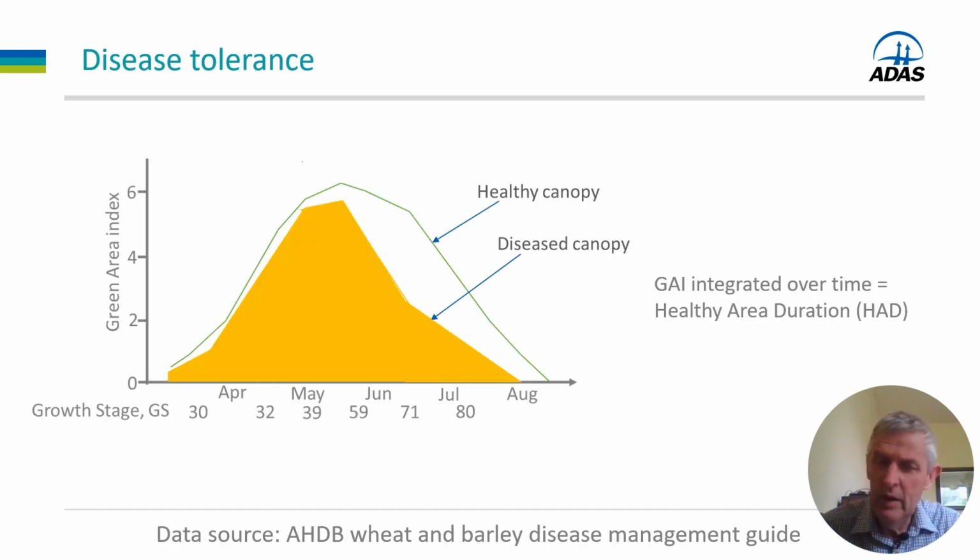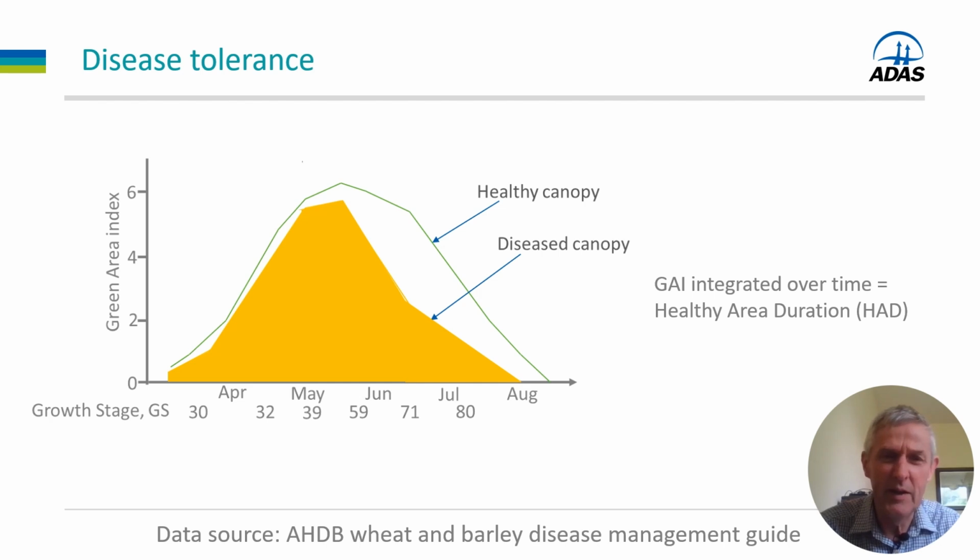We saw earlier in the video about how long the canopy needs protecting for. This diagram shows how the green area index of the crop canopy increases through time, reaches a plateau, usually around ear emergence, and then declines, and how that decline is accelerated in a crop canopy that's diseased.